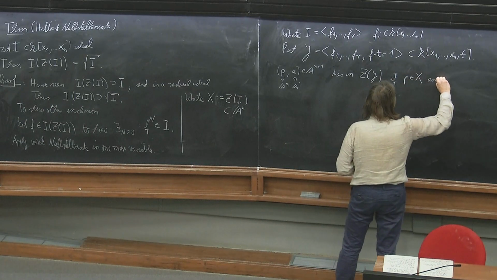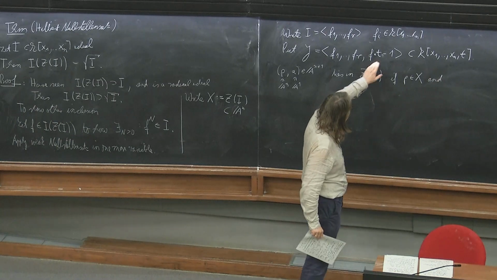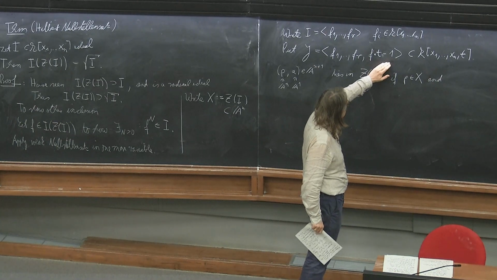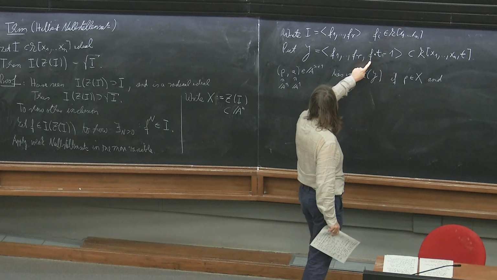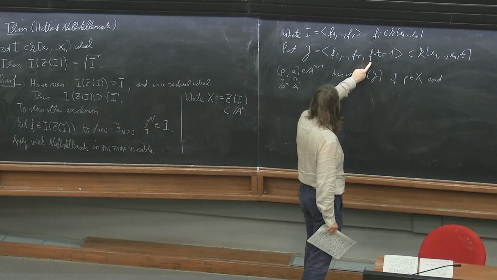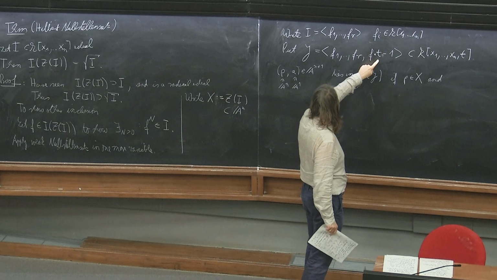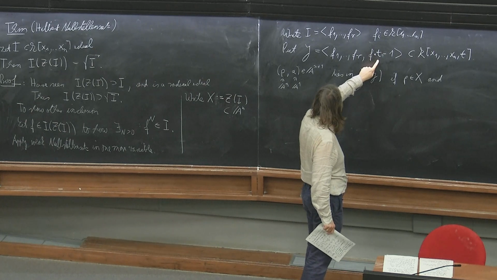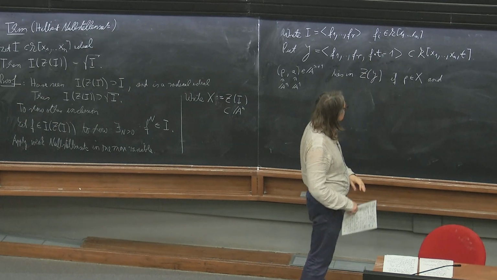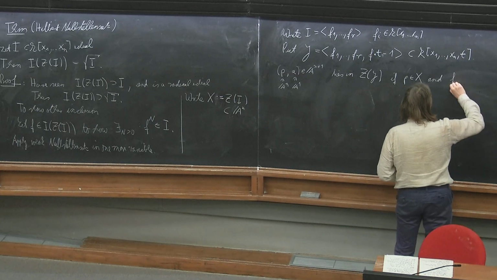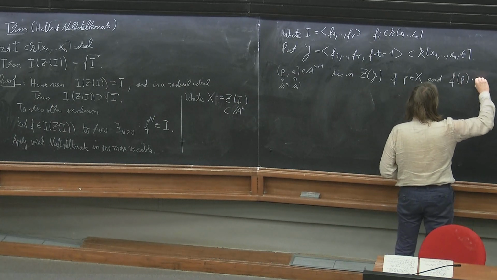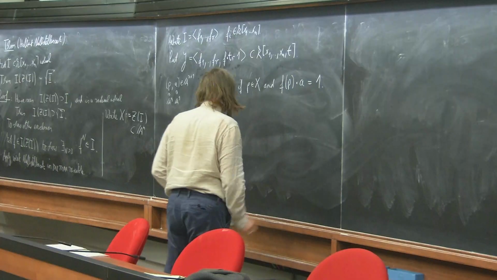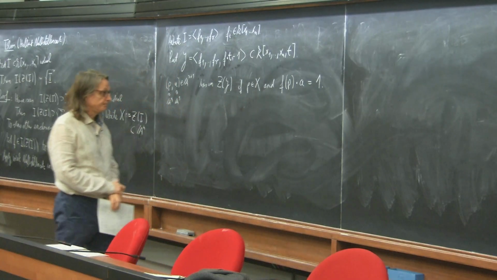And we want also this equation to be satisfied. So F of P times A should be equal to 1. Okay.